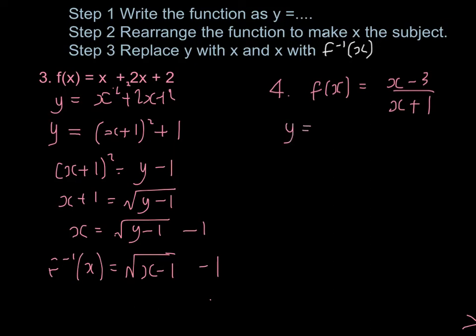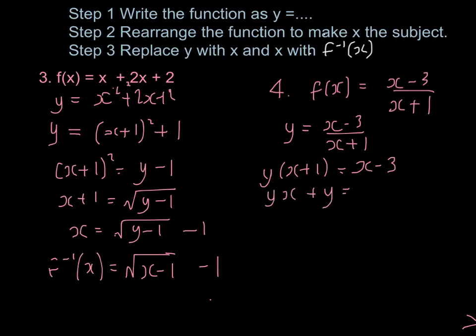So if we first start by writing it as y equals, and then we're going to multiply by the denominator here, so we'll have y times x plus 1 is x minus 3. Multiply that out, so we'll have yx plus y equals x minus 3.